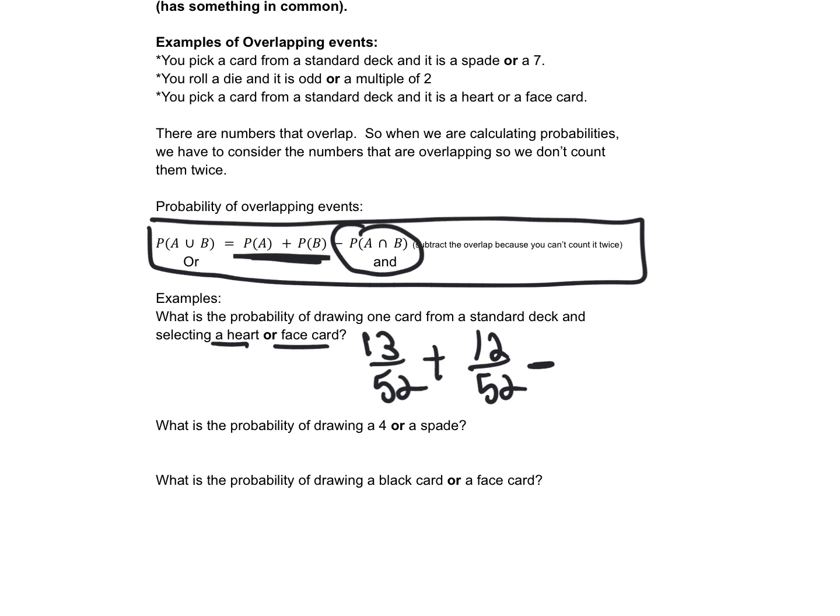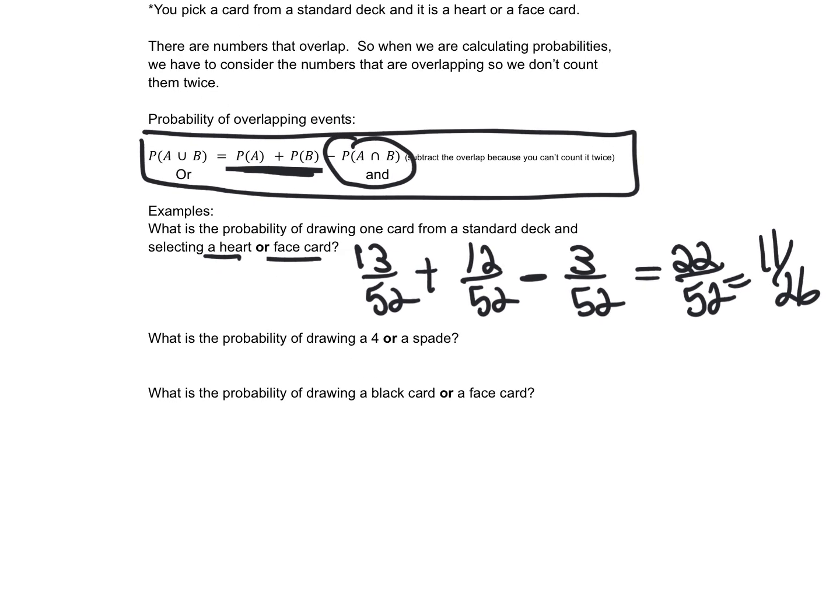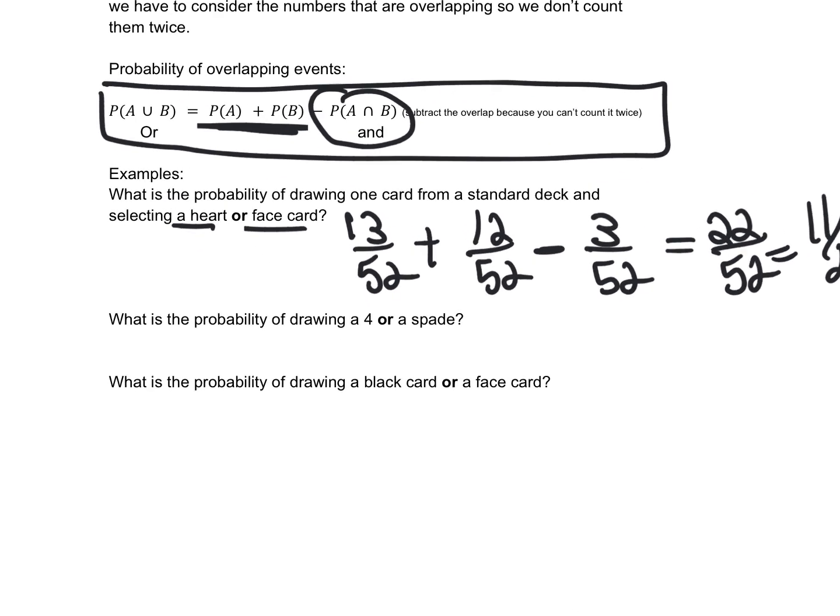You would be counting the Jack of Hearts, Queen of Hearts, and King of Hearts twice if you didn't subtract out the overlap. So you'd have to subtract out 3 out of 52. And if we add our numerators together, we would get 22, and then our denominator is 52, which simplifies to 11/26.